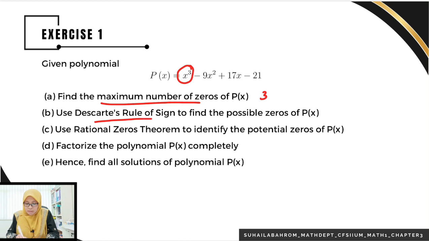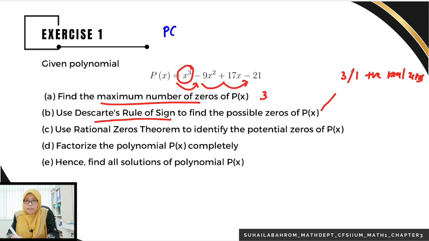Then, using Descartes' rule of signs, we need to find how many variations in sign there are for the positive case. Here there are 3 variations. Therefore, the possible positive real zeros are either 3 or 1. How about the negative real zeros? You have to substitute x with negative x.